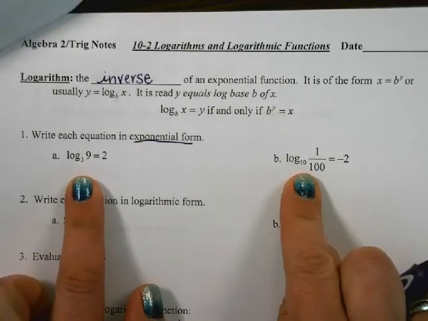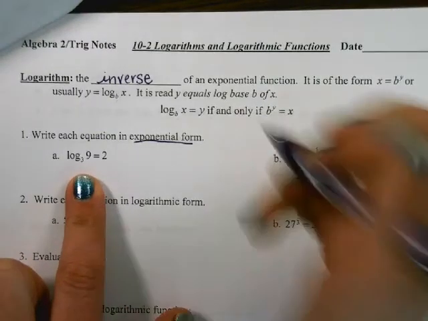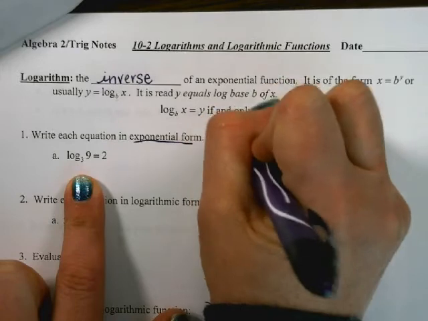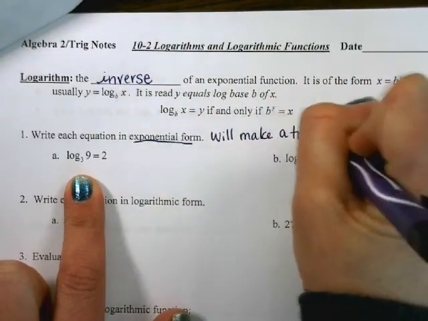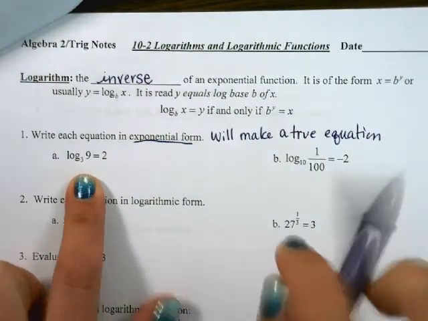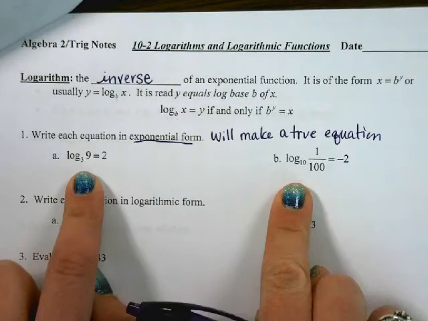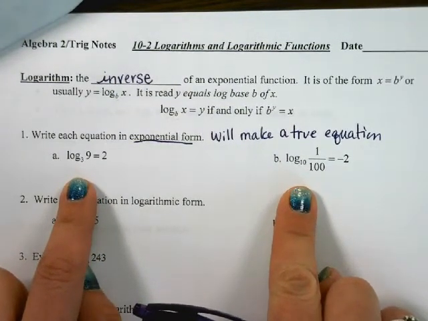When you go to exponential form, the equation you write will be true. So, if I were to write this guy, and it didn't make a true statement, I didn't write it correctly. Does that make sense? Okay.